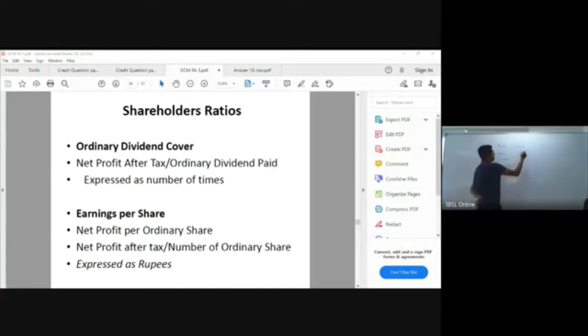You take 10,000 here. And in the notes, the examiner says you have 1 million ordinary shares. Here the figure is in thousands; here the figure is in normal terms, 1 million ordinary shares. When calculating EPS, most of the students take net profit after tax in 1000, but instead of taking the number of shares in 1000, they take this figure, 1 million straight away.